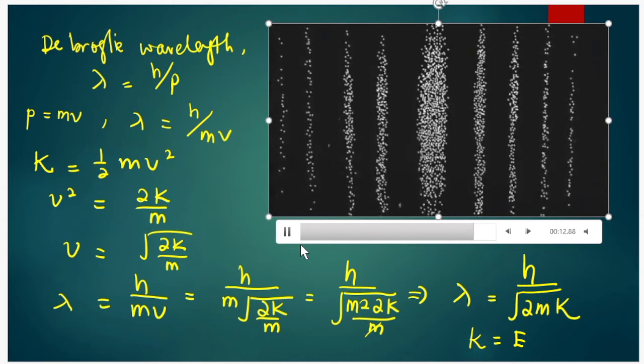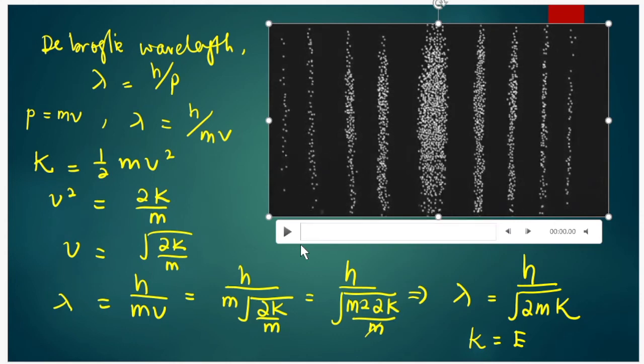Observe what happens to the pattern formed on the screen. The pattern formed by electrons is the same as the interference pattern produced by light or waves. So from here we can say particles can also behave as waves.